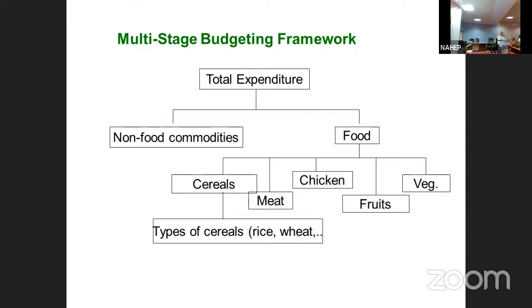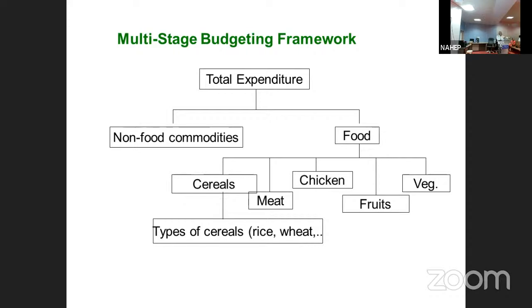Once you go to expenditure, what do you do? You think how much I need for non-food items first. You never think about food items first. You always think how much money I need for children's education, how much money I require for transport, buying petrol, how much money I need for the house rent, right?